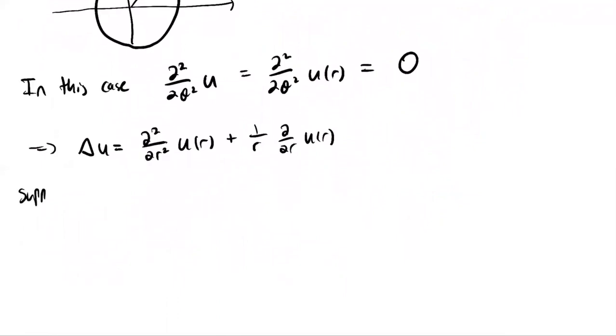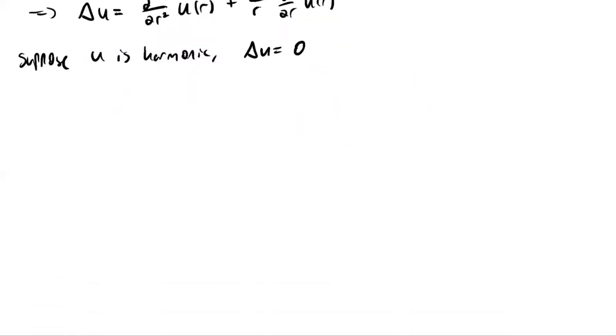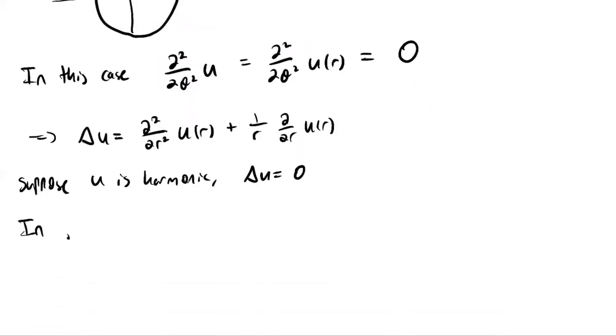So suppose u is harmonic, meaning the Laplacian of u is equal to 0. Well, if I use polar coordinates, now u is just a function of r, so let me write this as u prime prime of r plus 1 over r times u prime of r is equal to 0.